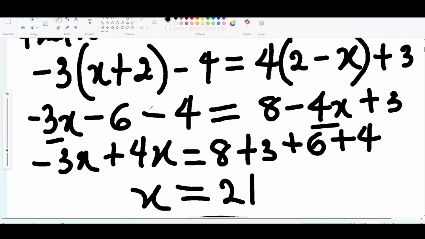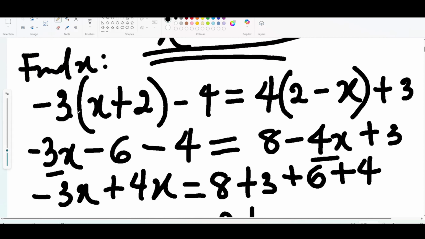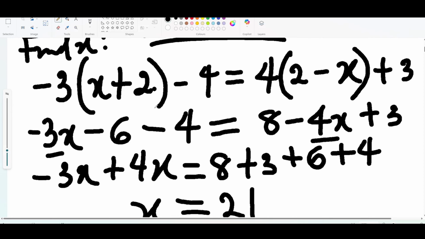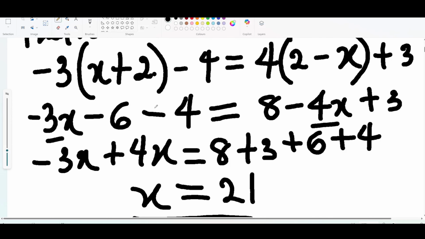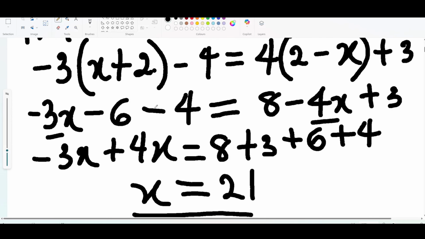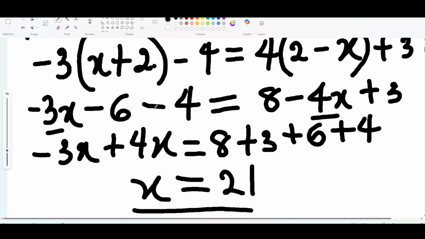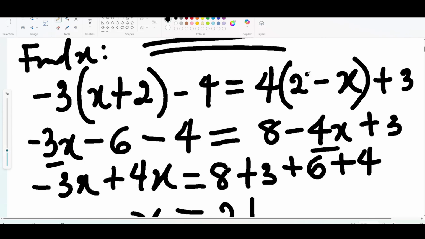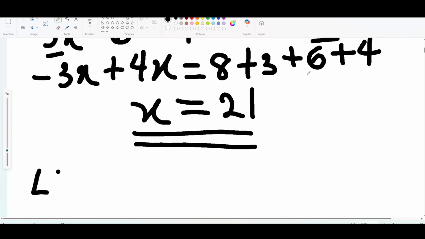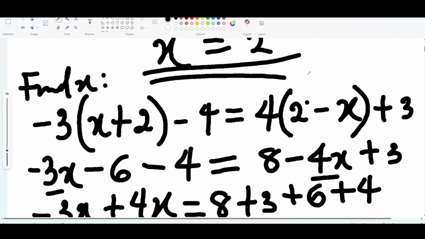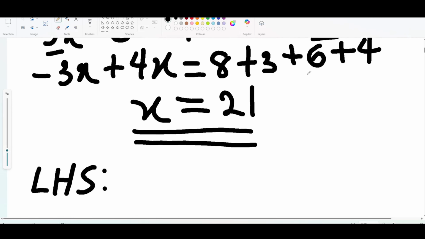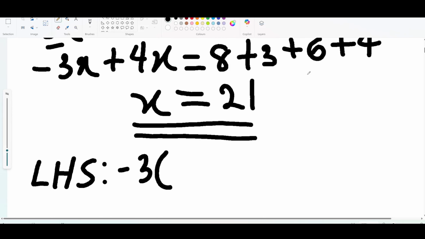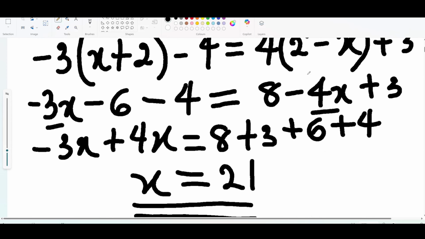That will be 23. That 23 now multiplied by minus 3. So the left hand side of this equation is going to be minus 3 into x plus 2, right, minus 4.